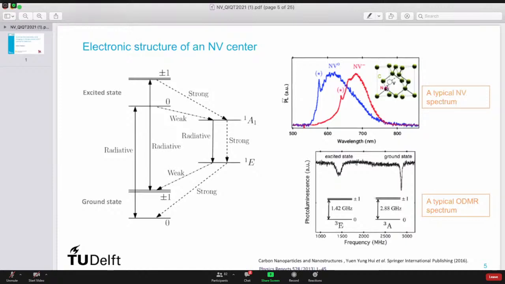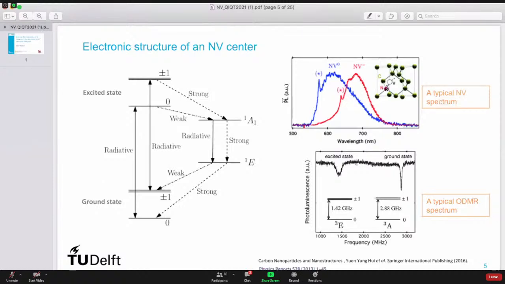Here there is a spin 1 electron, and in the absence of any magnetic field, the ground state is split into 2 levels, 0 and plus minus 1, which are the degenerate levels. The energy difference between 0 and plus minus 1 is 2.88 gigahertz, which is the zero-field splitting. In the excited state it's the same, but the zero-field splitting is different, which is 1.42 gigahertz.